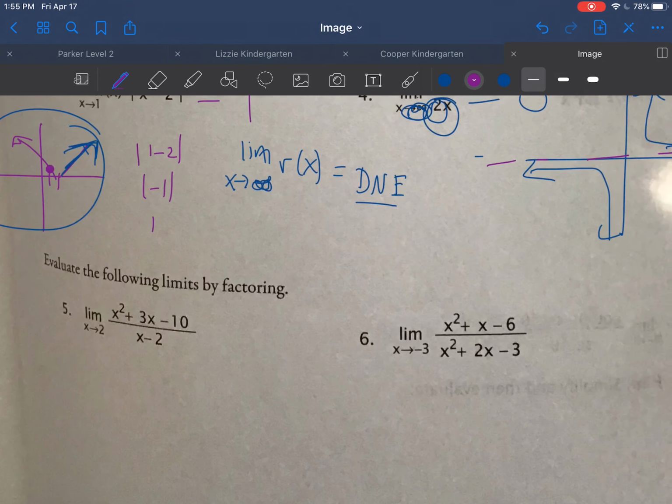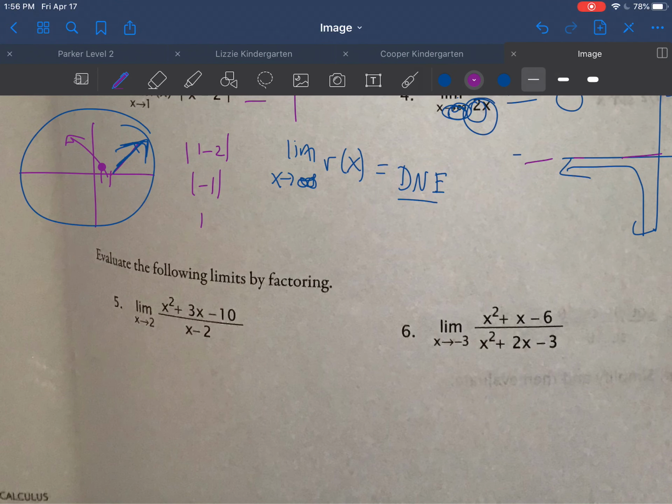Okay, evaluate the following limits by factoring. If you were to do the method where you just plug this in, these are ugly things to graph. If you were to just plug x is 2 into this to get that numerical y value, you would have 2 minus 2 on the bottom, which means you're dividing by 0, and that's not allowed.